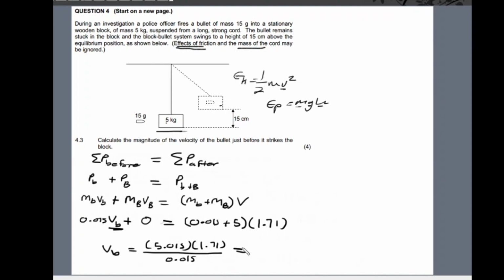And then when you punch this in your calculator, the velocity of the bullet is equal to 571.71 meters per second to the right. So yeah, that is the velocity of the bullet before it strikes the block.